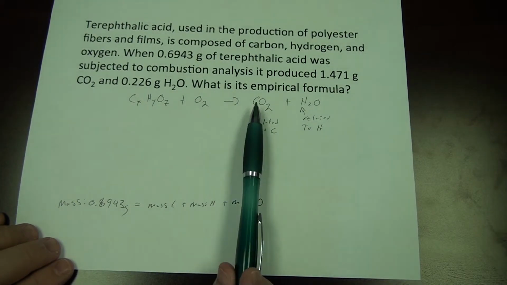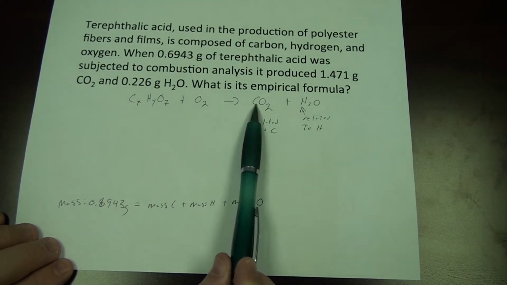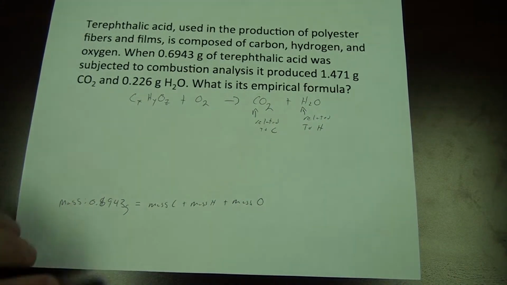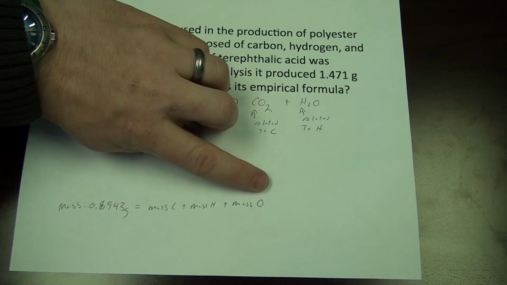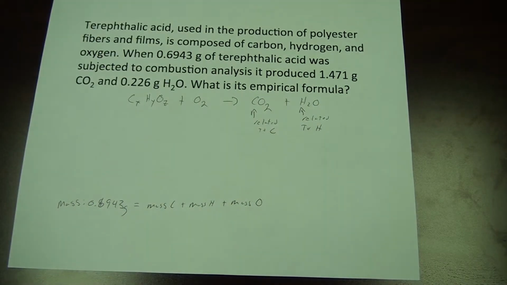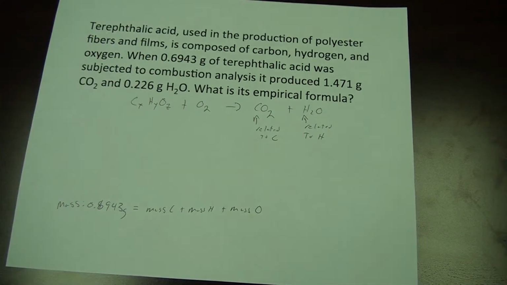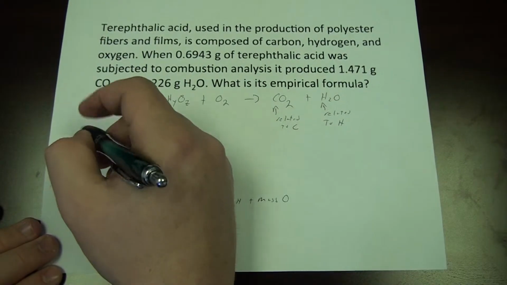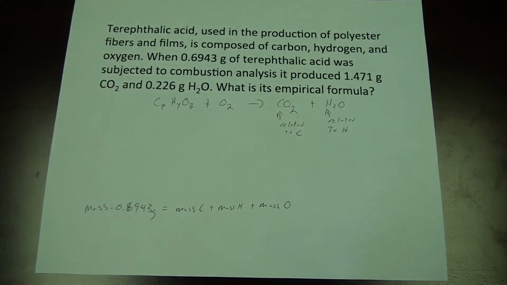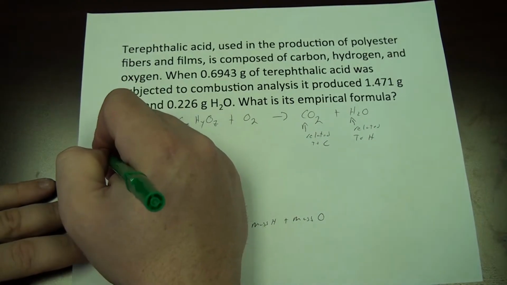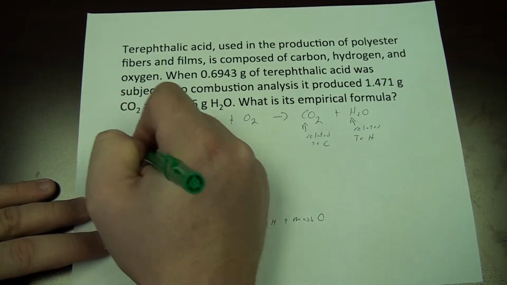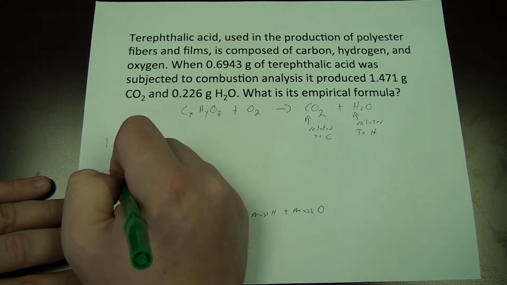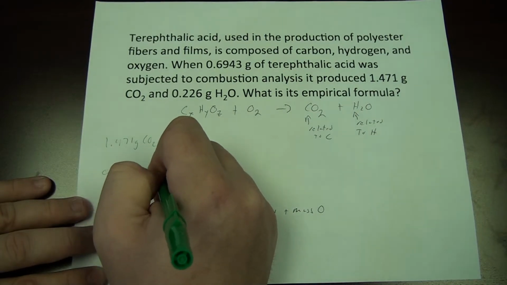So if we can figure out how much of each one of those elements was present, we can figure out the third one, what mass of oxygen we have in this original compound. Right? So we're now going to start with this 1.471 grams of carbon dioxide and the 0.226 grams of water.